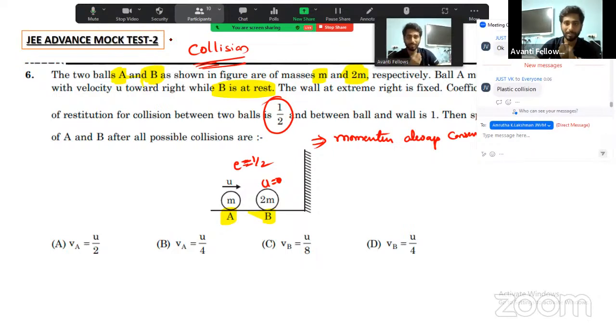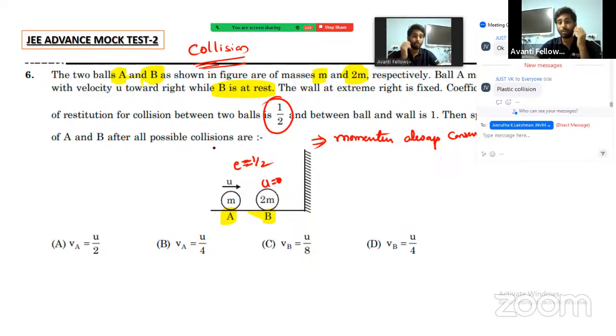Right. In a perfectly elastic collision the coefficient of restitution is 1. There is no change in velocity. Okay, the coefficient of restitution between the balls is 1/2. When ball A dashes ball B, the 2m ball will move towards the wall at the extreme position where we kept the wall, and it will hit the wall and come back in the backward direction.